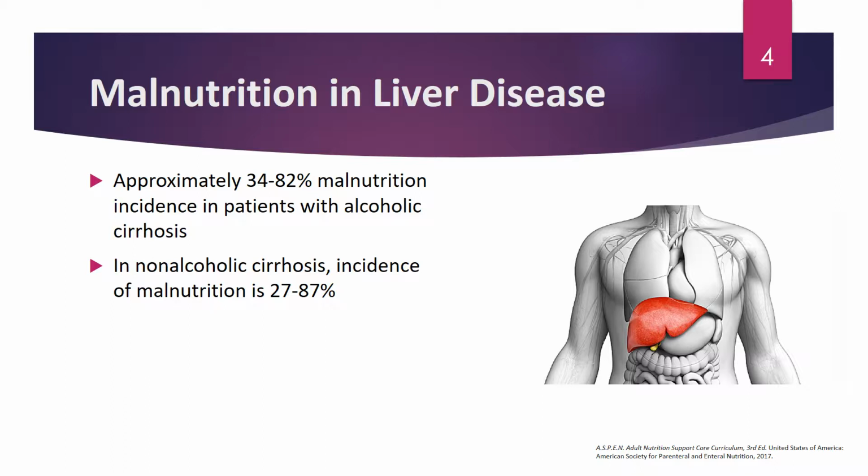In a non-alcoholic cirrhosis, the incidence of malnutrition is about 27 to 87%. So whenever you look at patients with liver disease, you see a very high incidence of malnutrition related to liver disease, no matter what type of liver disease you have, whether it's alcoholic in type or non-alcoholic in type.